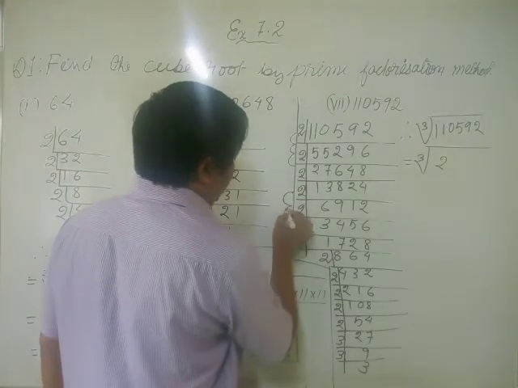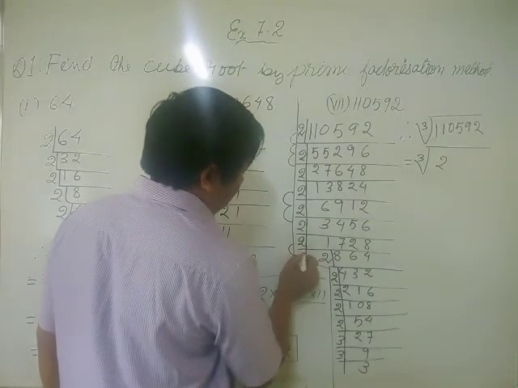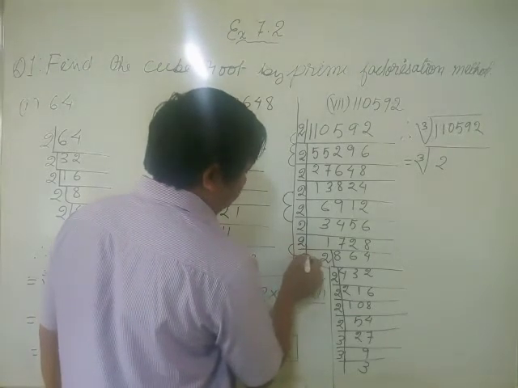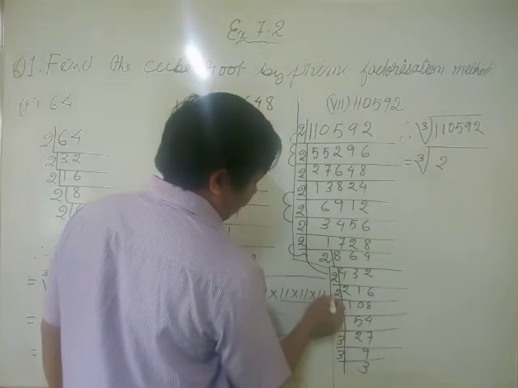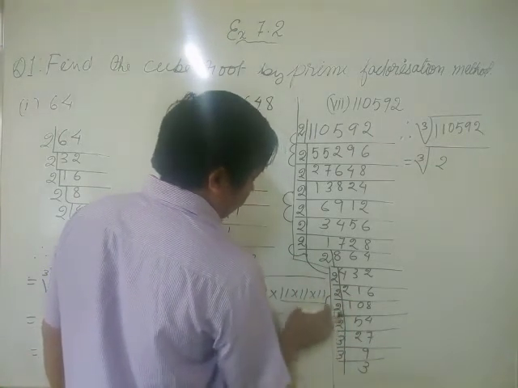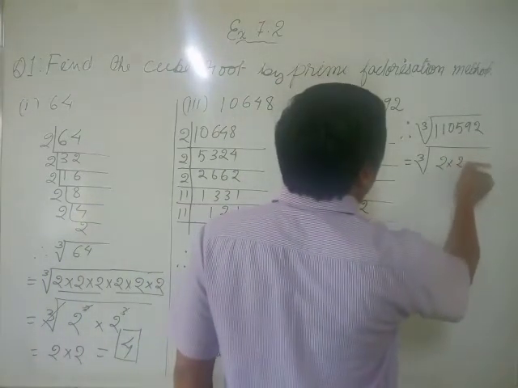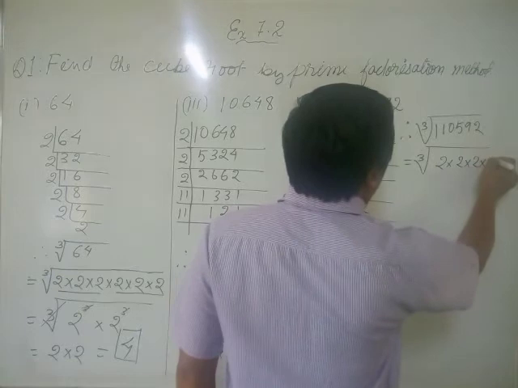1, 2, 3. 1, 2, 3. 1, 2, 3, 4. 2 into 2 into 2 into 2.